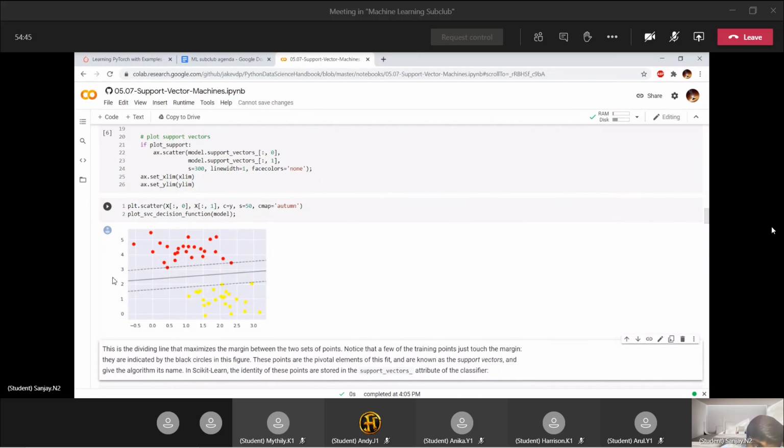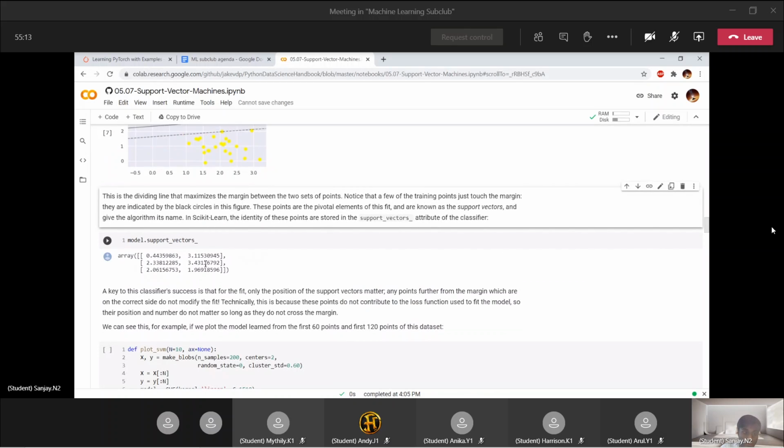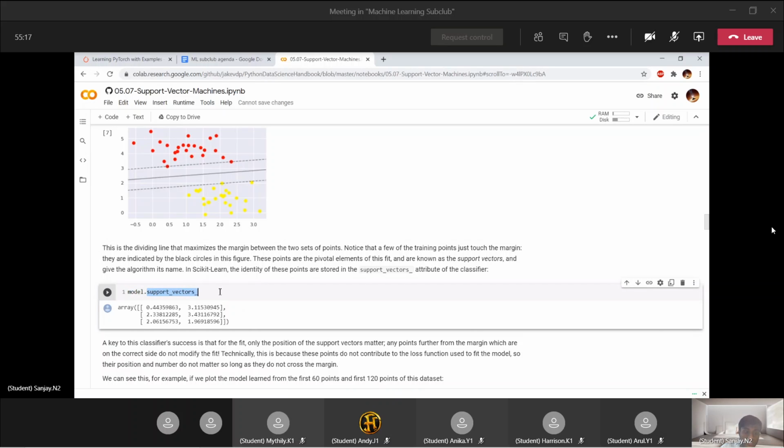So you see the margin sort of overlapping the point, but it produces a line of maximum estimation that increases the margin to the maximum possible amount. So again, notice that just a few of the training points are touching the margin itself, and these different points are known as support vectors, as we talked about in the PowerPoint, and you can figure out kind of their point values by looking at this attribute called support vectors.